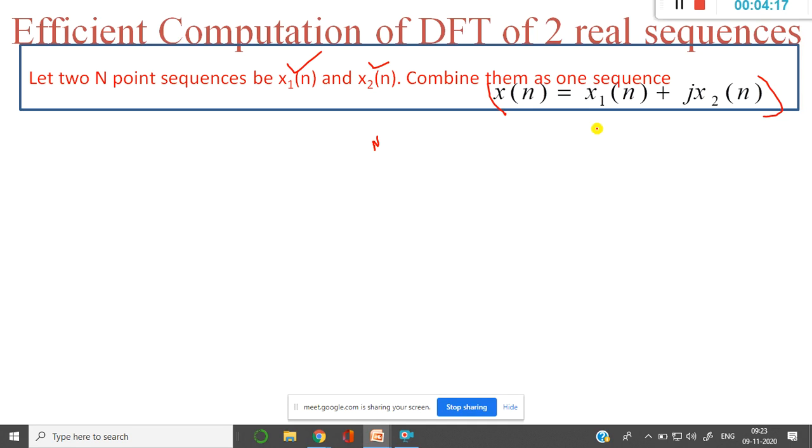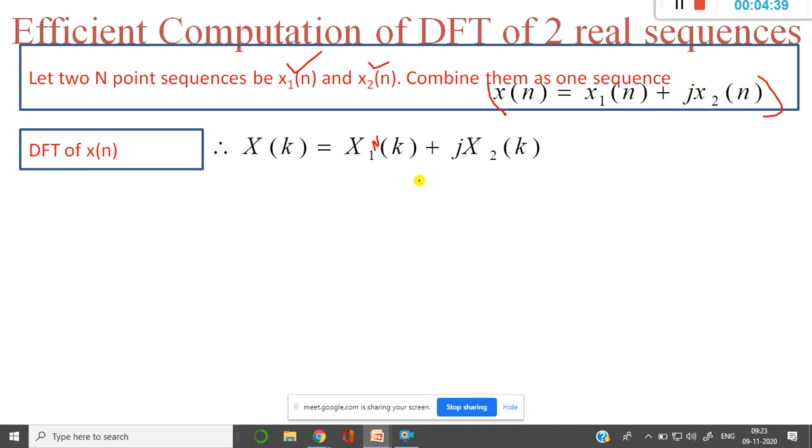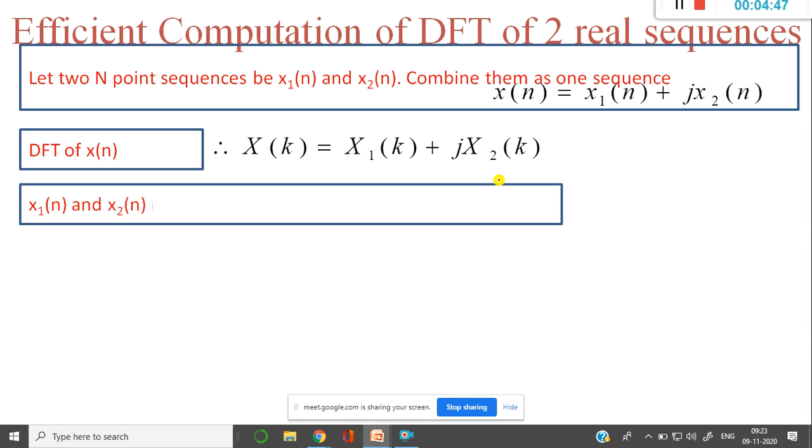Now we combine x1 and x2 in such a way that it gives me a complex value signal. So that's what we represent using x of n. x of n is equal to x1 of n plus j times x2 of n. So what is the DFT of x of n? It is nothing but X1 of k plus j times X2 of k, right?